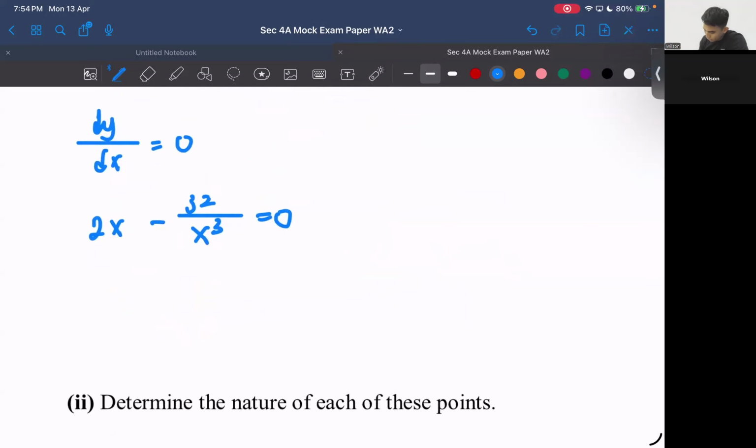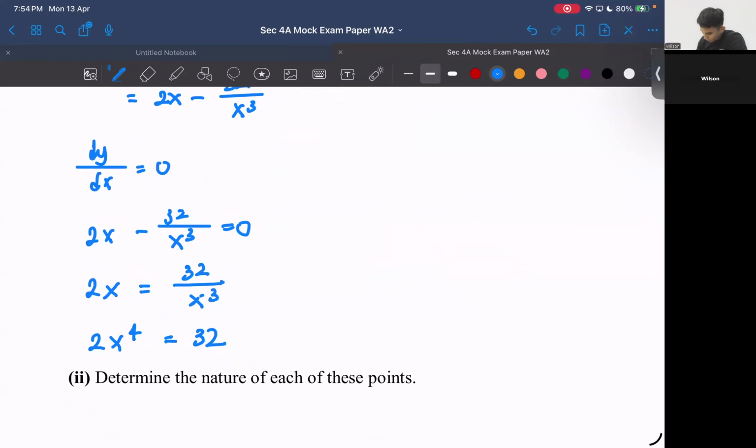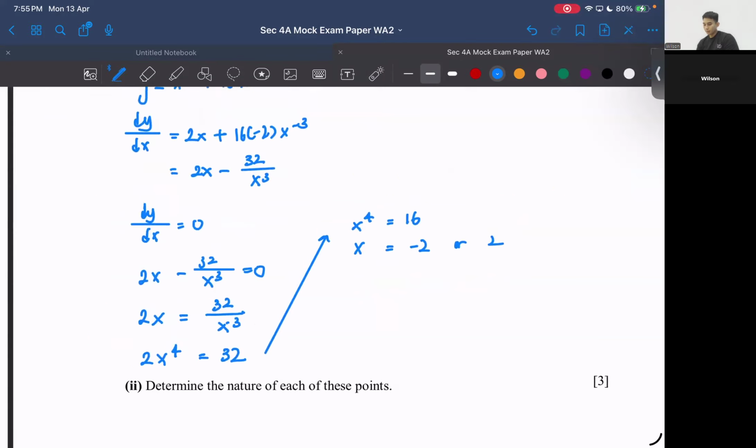I do not know why you want to complicate yourself. 2x is equal to 32 over x cubed. 2x to the power of 4 is equal to 32. Then from here you can continue, right? x to the power of 4 is equal to 16, not 18. Then x will have two values: x is equal to negative 2 or 2.